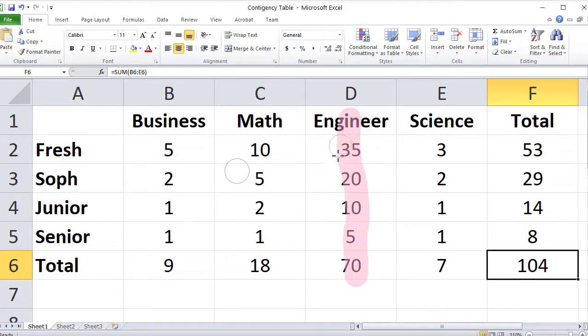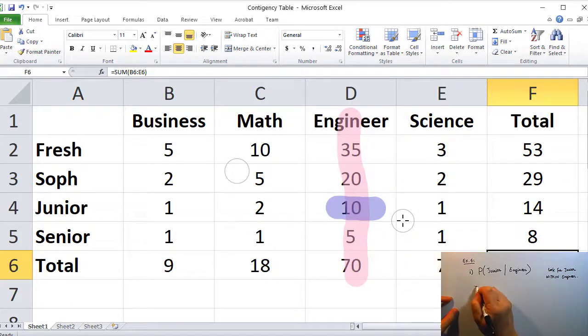Once we have narrowed all of our attention into this column, we start looking for the junior students. The junior students are found right here in this entry. This indicates the junior students within engineering. So, back to my writing board, looking at the column total, we had 70 engineering students, and within these 70 engineering students, 10 of them were in the junior class.